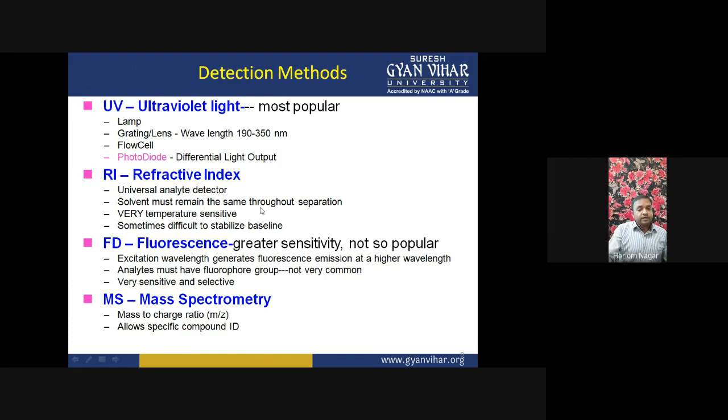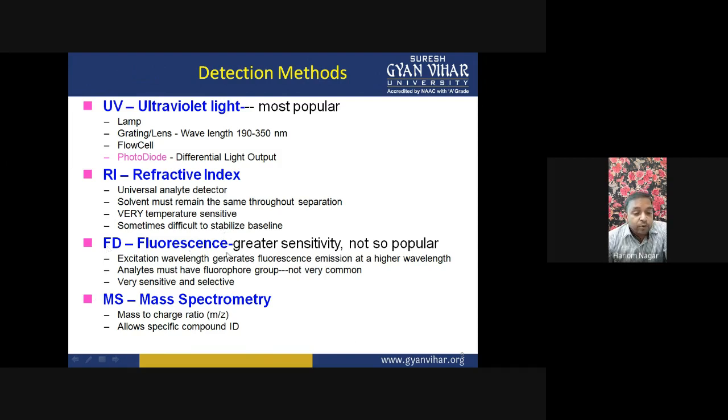The solvent must remain the same throughout the separation, so the solvent we use for the separation must be the same. It is also very temperature sensitive: if we vary the temperature during the run, the RI response may change. Sometimes it is difficult to stabilize the baseline with this RI detector.